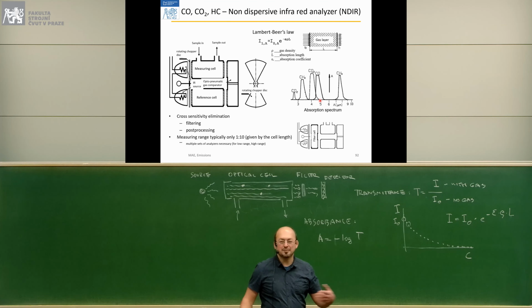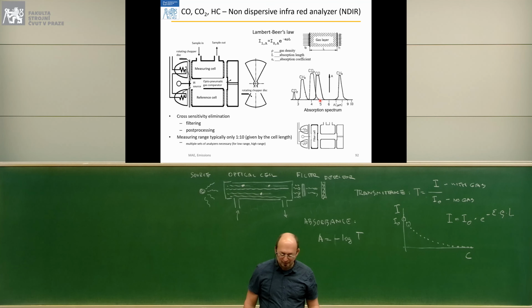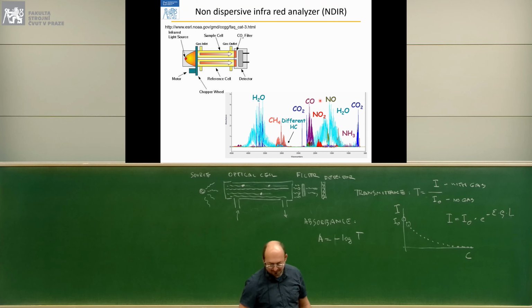If you have multiple compounds absorbing at the same wavelength, you have to resolve which one is contributing to the measurement. So you have to measure at multiple wavelengths or measure it at high resolution.